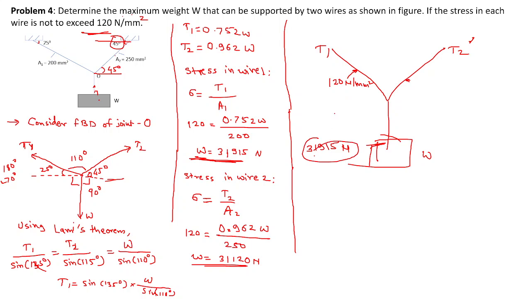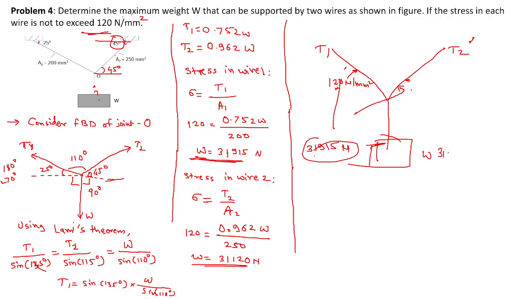This load produces 120 Newton on this wire, and at the same time the same load produces some stress on the other wire also. But we don't know the exact value. Okay, let it be. We move forward. We take another load value.